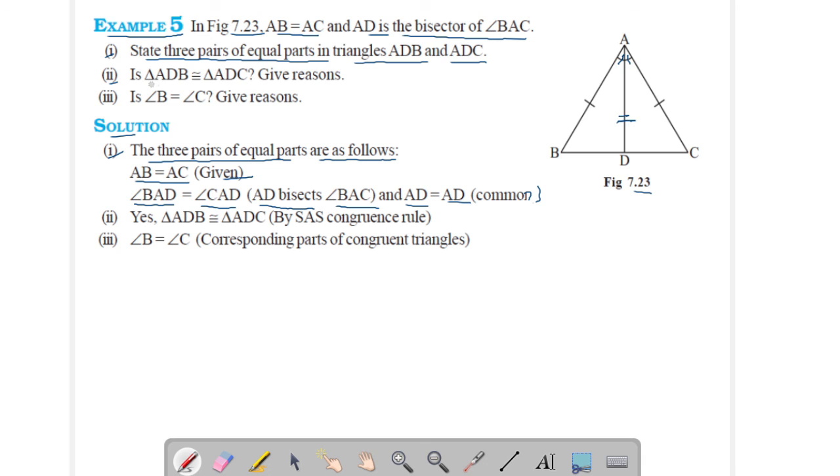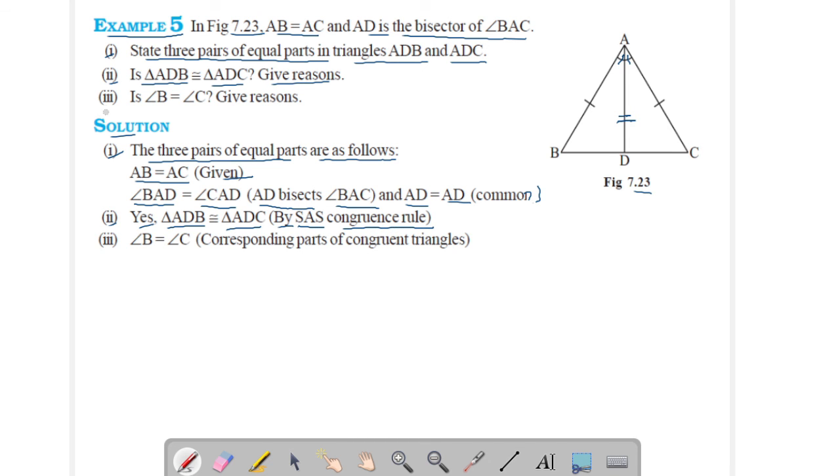Now second, is triangle ADB congruent to triangle ADC? Give reason. See the solution. Yes. Triangle ADB is congruent to triangle ADC by the SAS congruency rule.